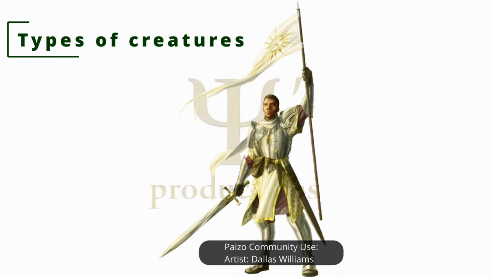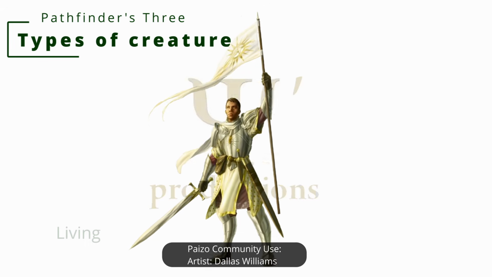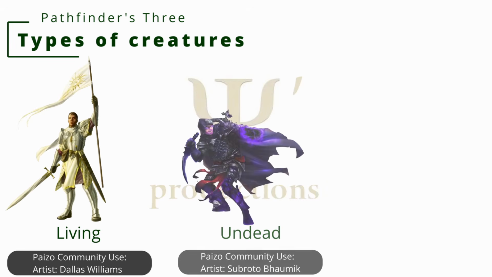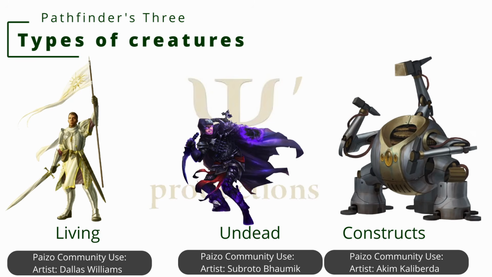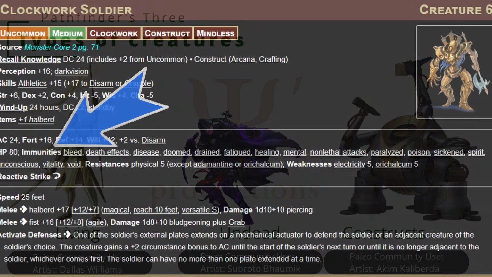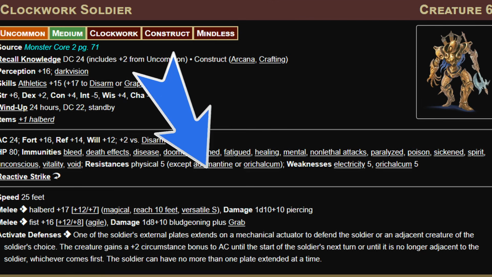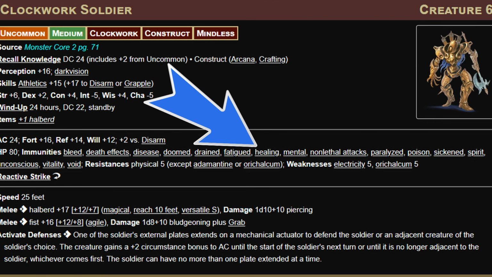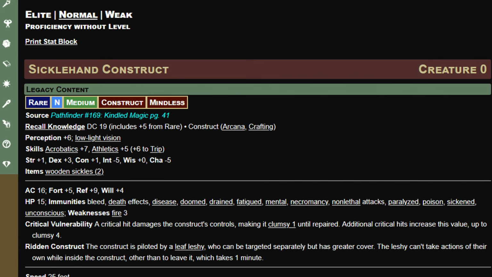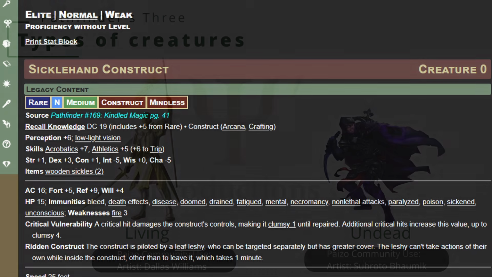So, to get this conversation started, first we are going to need to differentiate between the three types of creatures in Pathfinder: living creatures, undead creatures, and constructs. Now, by and large, most constructs are immune to healing and need to be repaired, so immediately we can basically ditch them from the conversation. Some constructs can be healed, there are corner cases, but hopefully after this video you will see where those corner cases fit in.